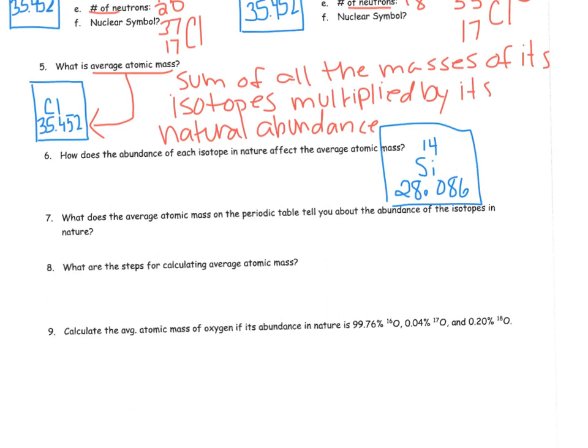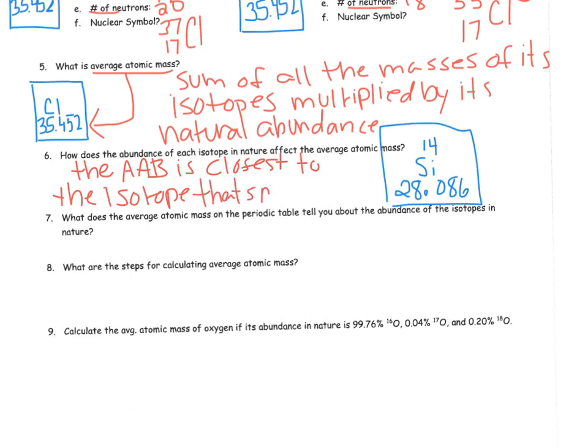Well, the average atomic mass is usually closest to the isotope that's most abundant.